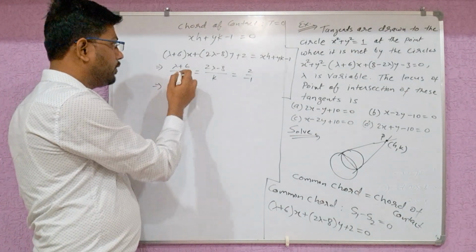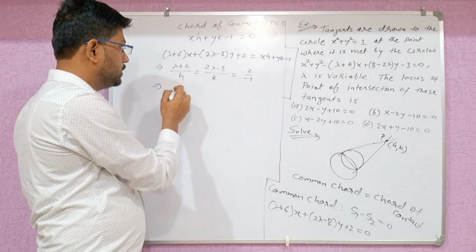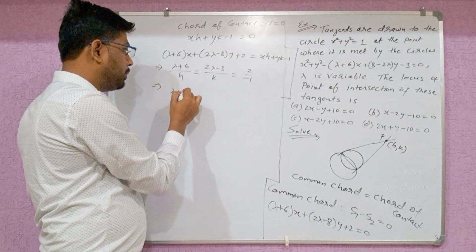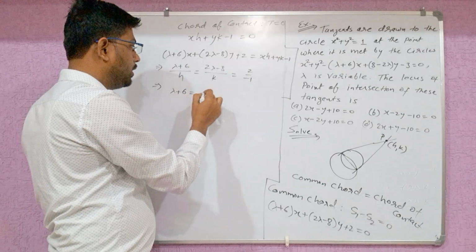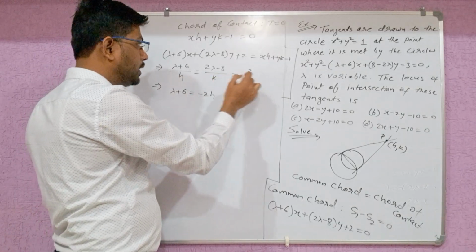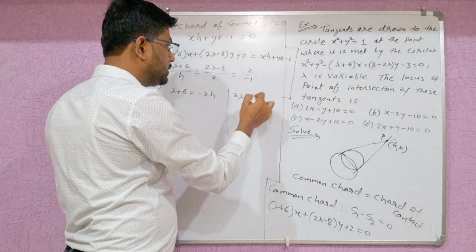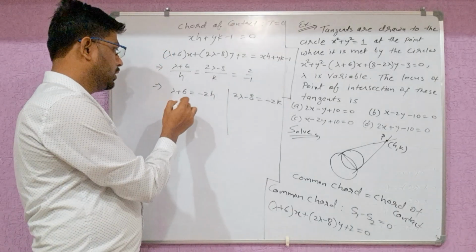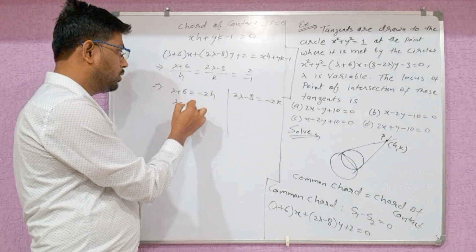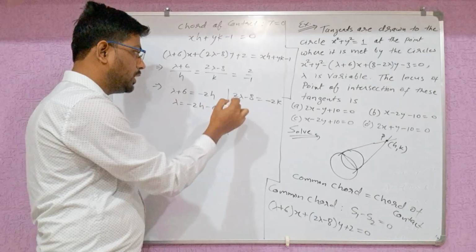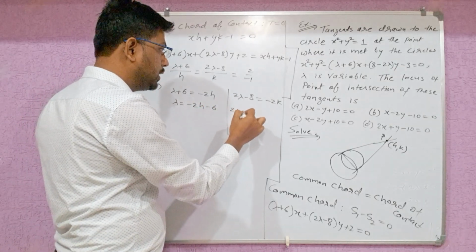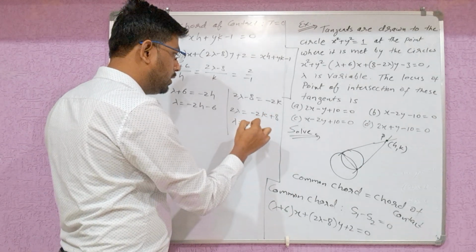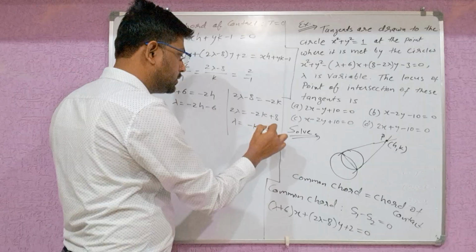So from here I'll find out lambda from both of these. By comparing these two I'll get lambda plus 6 is equal to minus 2h. By comparing these two I'll get 2 lambda minus 8 is equal to minus 2k. So I'll get lambda is equal to minus 2h minus 6, and from here 2 lambda is equal to minus 2k plus 8, so lambda will be minus k plus 4.